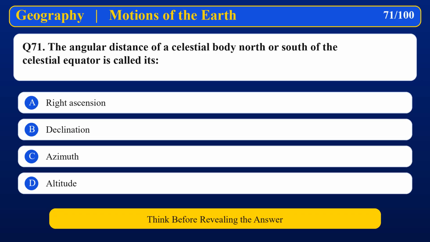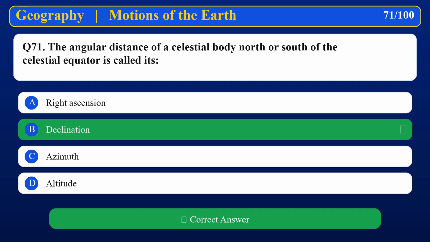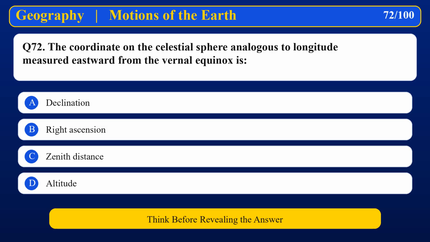The angular distance of a celestial body north or south of the celestial equator is called its declination.